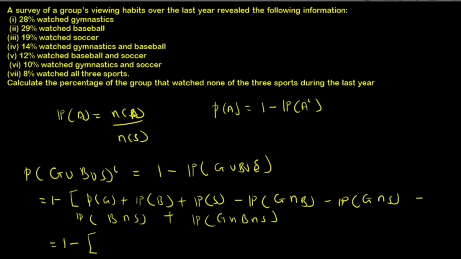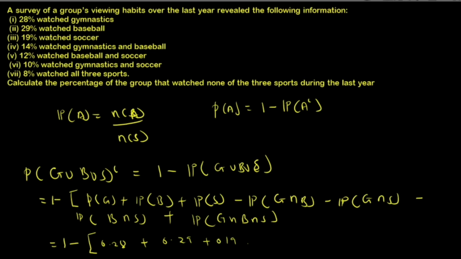The probability of the percentage that is gymnastics is 0.28, that is 28%. Plus we have baseball, 0.29. Plus we have soccer to be 0.199.